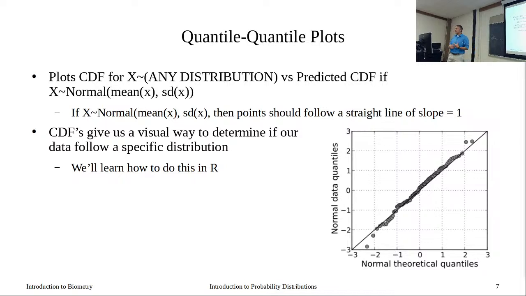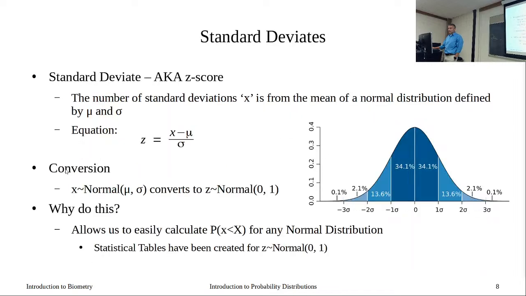Now, if our sample is actually normally distributed, then our points should fall on a 1-to-1 line, because it says that our observed quantiles match the predicted quantiles from a normal distribution with our sample mean and sample standard deviation. When we violate that, when we don't match that, then we're not going to follow this 1-to-1 line. We'll be curved in some way, so either a single curve or some sort of S-shaped curve and so forth. And we'll use this to assess normality of our sample.